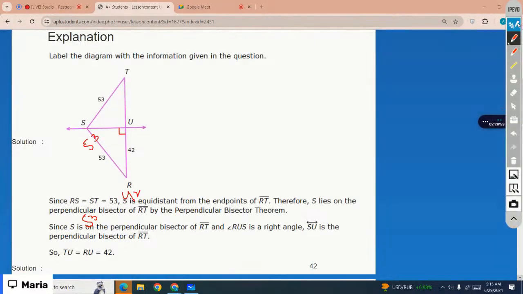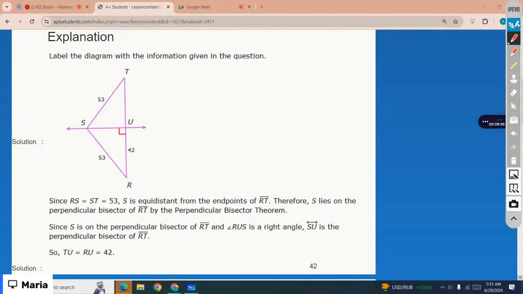Okay, here is the explanation. Since RS equals ST equals 53, S is equidistant from the endpoints R and T. Therefore, S lies on the perpendicular bisector of RT by the perpendicular bisector theorem. Since S is on the perpendicular bisector of RT, angle RUS is the right angle.